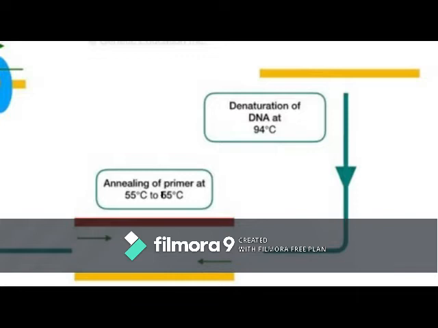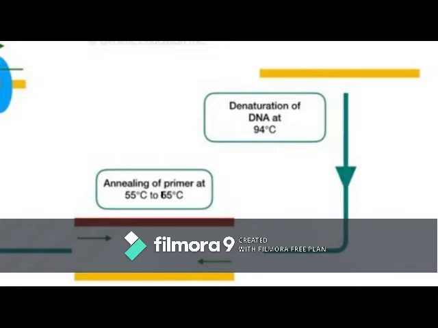The second step is annealing. After denaturation, the primer binds to the single-stranded DNA at its exact annealing temperature. Each primer has its own annealing temperature. At that particular temperature, the primer binds to its complementary sequence on the template DNA strand. Generally, annealing temperature ranges from 55 to 65 degrees Celsius.